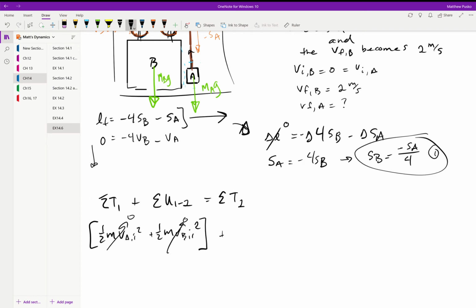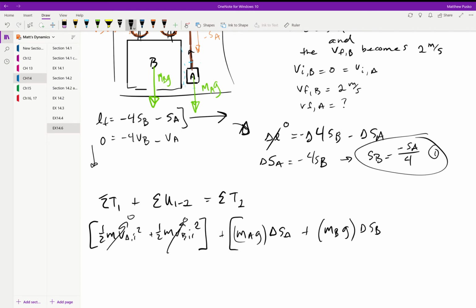Then what kind of work do we have? We've got the work of the weight, mass A times the acceleration due to gravity, and then it's moving some delta S. A is going to move some delta SA, and mass B times gravity is going to go through some delta SB.